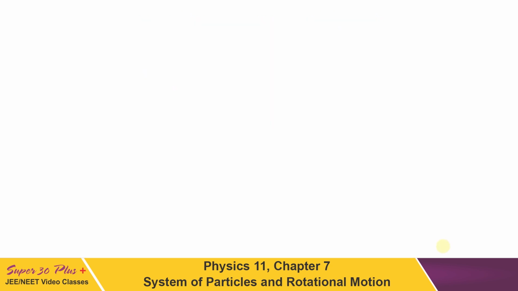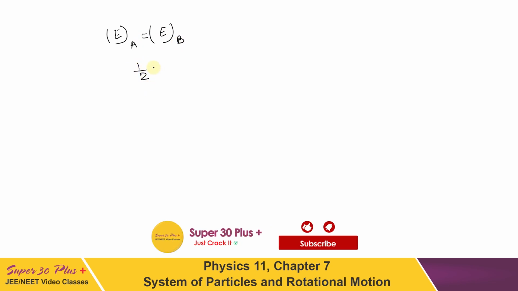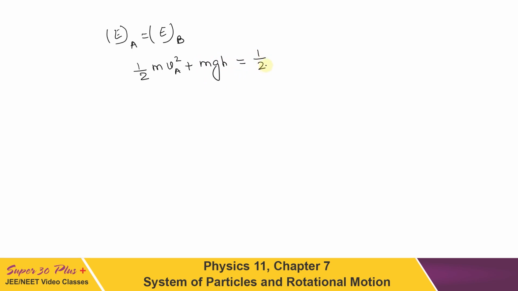Friction is absent, so we can write that energy at A has to be equal to energy at B. Now what is energy at A? That can be written as half mVA square plus mgh. This should be equal to half mVB square. And from here we can write VA square plus 2gh to be equal to VB square.